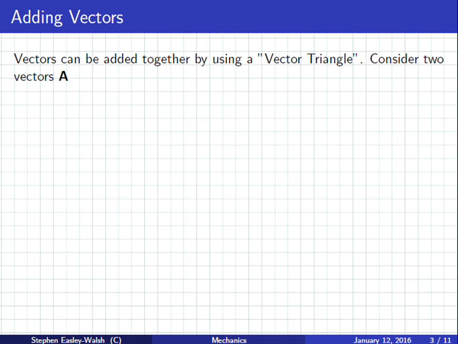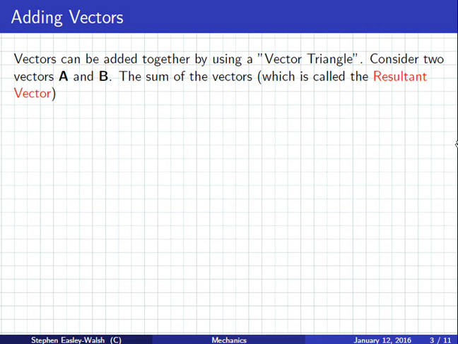So imagine you have two vectors, vector A and vector B. To add these vectors together, which is called the resultant vector, so you might want to write that down. That's what you call the vector when you add two together.